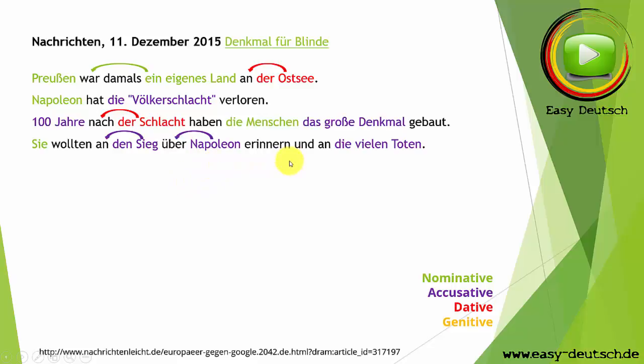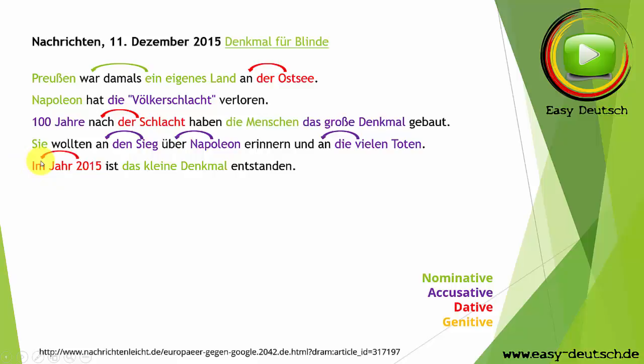And an is here still referring to erinnern, so it's still accusative case. Im Jahr 2015 ist das kleine Denkmal entstanden. So in the year 2015, the small memorial was created.